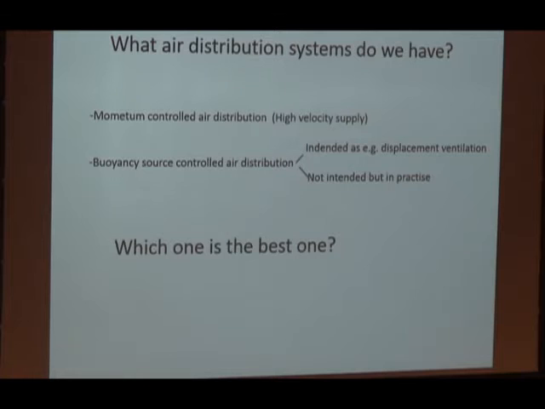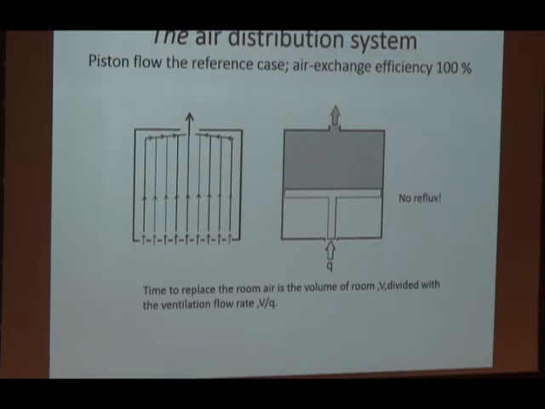So when I'm talking about efficiency, what's the best air distribution we can achieve? Well, in this case we have a piston flow. The air goes through the room like a piston. There's no reflux, no recirculation. Time to replace the air in the room is equal to the volume divided by the flow rate.